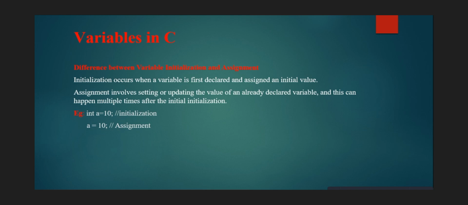Here in the example, int a is equal to 10, we have given the value during variable declaration only, so it is initialization. After initialization, when we set a new value to the variable a, we call it assignment.